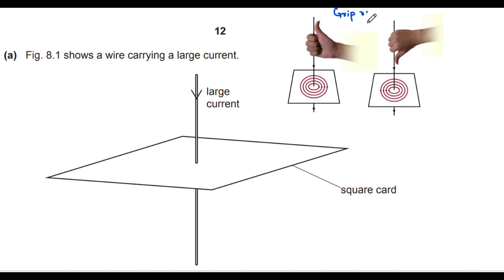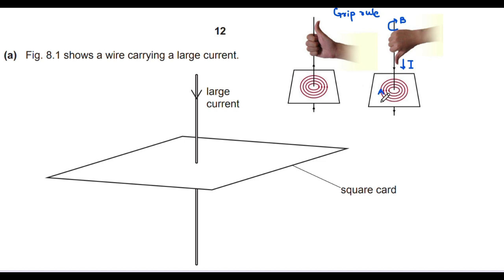So to get the direction of magnetic field, you can use the right hand grip rule. You have to grip your wire and make sure that your thumb is in the direction of current. In our case, the current is downward, so our thumb should be downward. Make sure it's your right hand, and your curling fingers will tell you the direction of magnetic field.